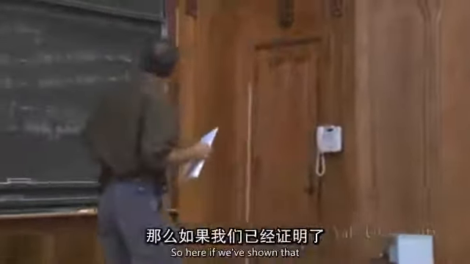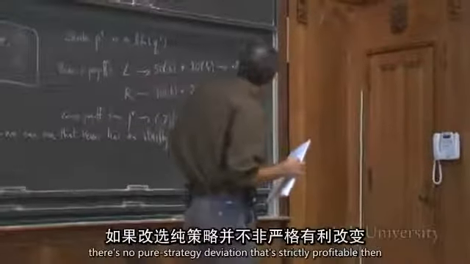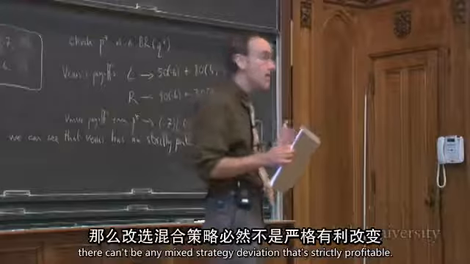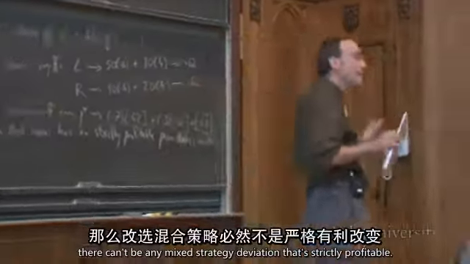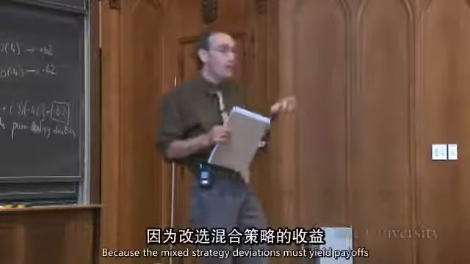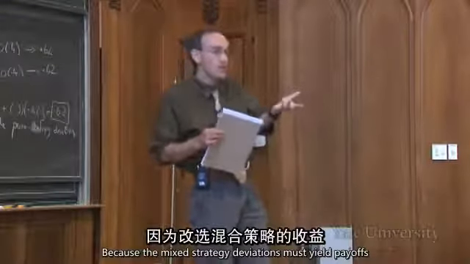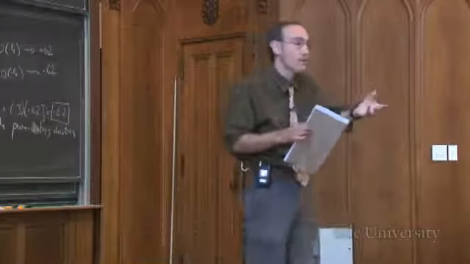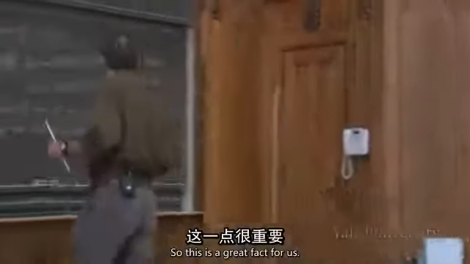So here, if we've shown that there's no pure strategy deviation that's strictly profitable, then there can't be any mixed strategy deviation that's strictly profitable. Why? Because the mixed strategy deviations must yield payoffs that lie among the pure strategy deviations. So this is a great fact for us.